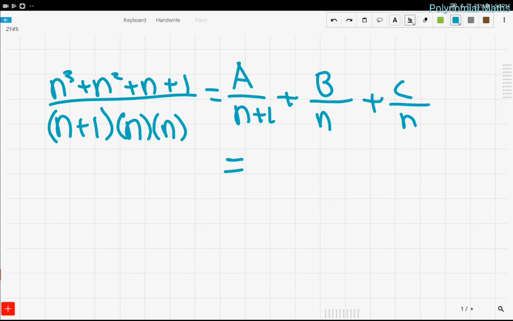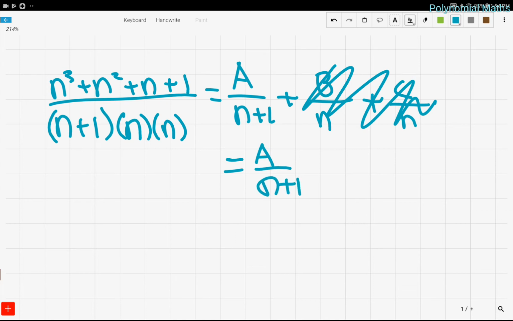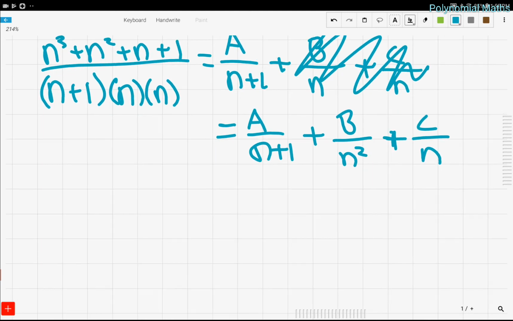So how do we do this exactly? Instead of doing this, we might just say, hey, let's make this A over n plus 1 plus B over n squared. But again, this doesn't work either, because we also need to include a case where it's just n. So we also have to add on C over n, and only this works.